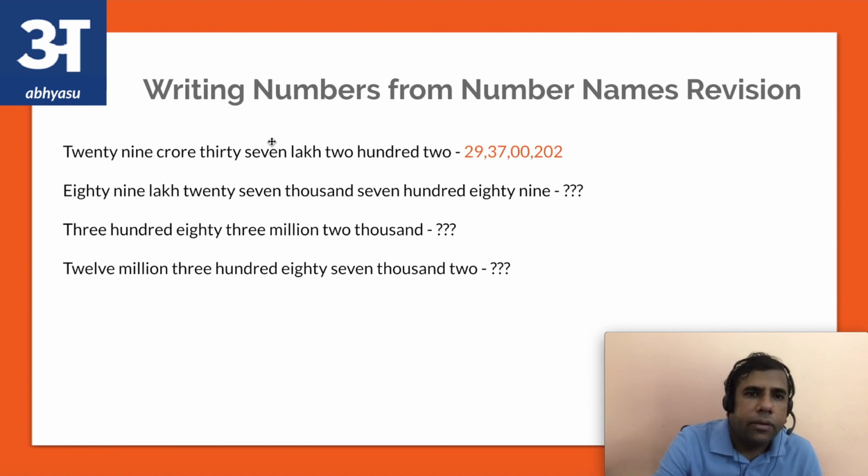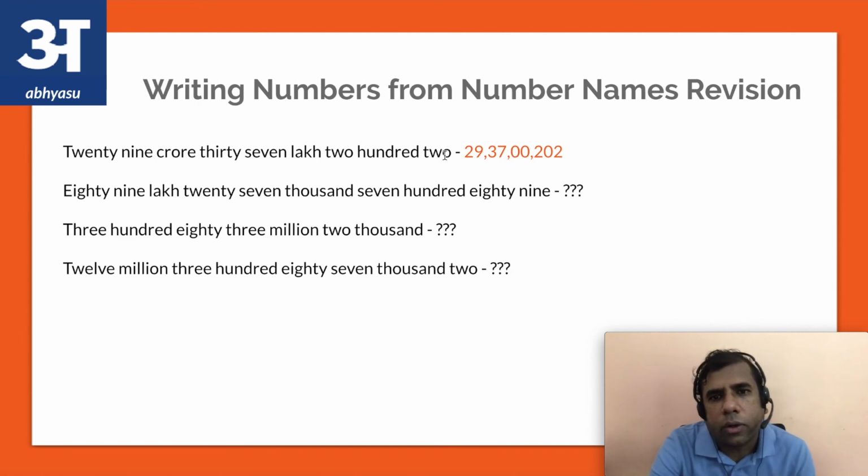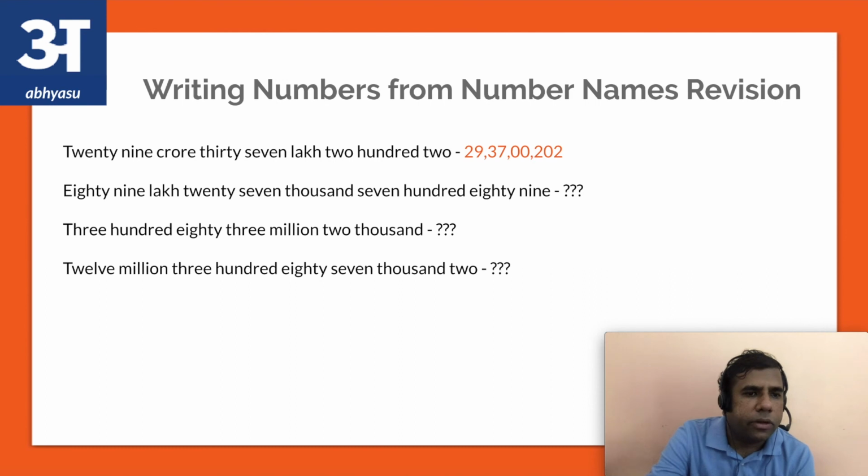For example, this is going to be 29 crore. So 29 comma, right? That would be the crore place. 37 lakh. So 37 comma, that will be the lakh and 10 lakh place. And 202. So no thousands or 10,000s mentioned. So 00 and 202. So that would be this particular number.